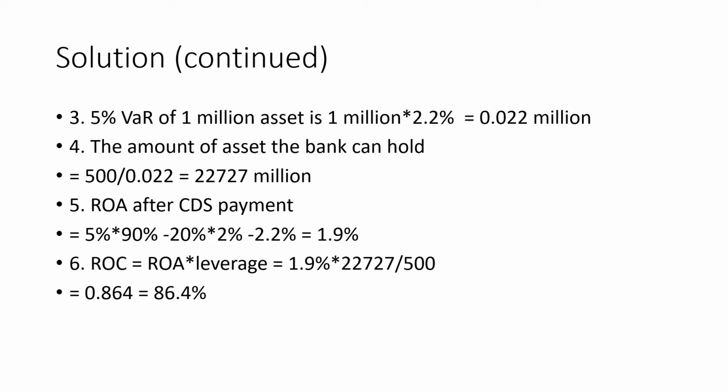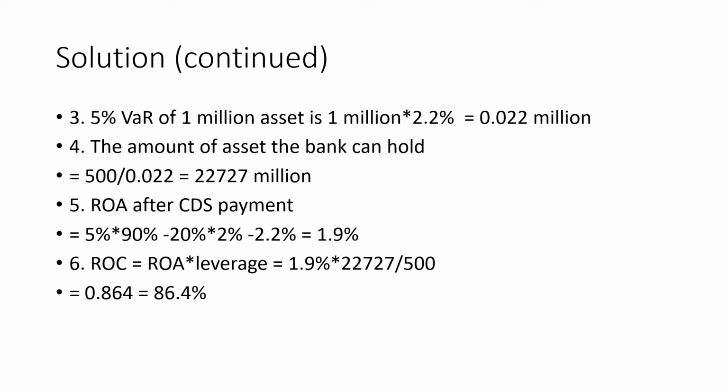So you have to minus 2.2% premium. And the answer is 1.9%. So you see, the return on asset after CDS payment is 1.9% instead of the original 2.1%.